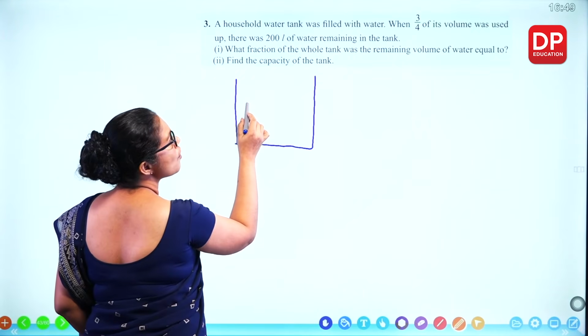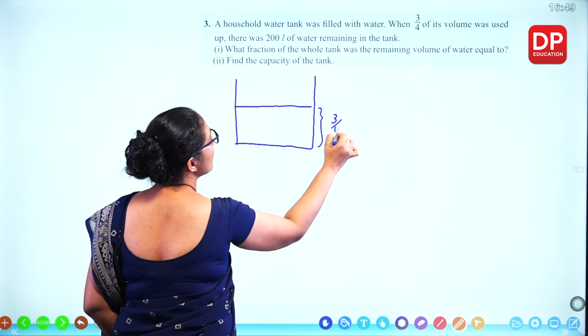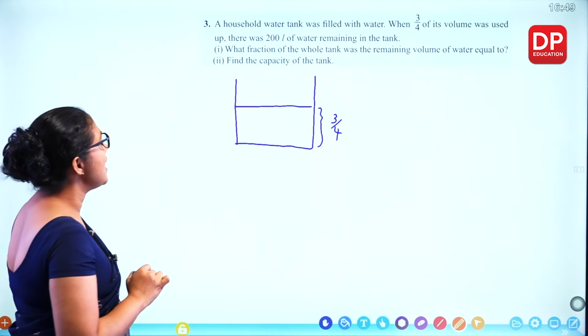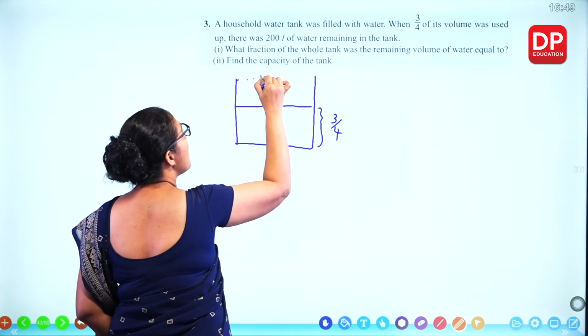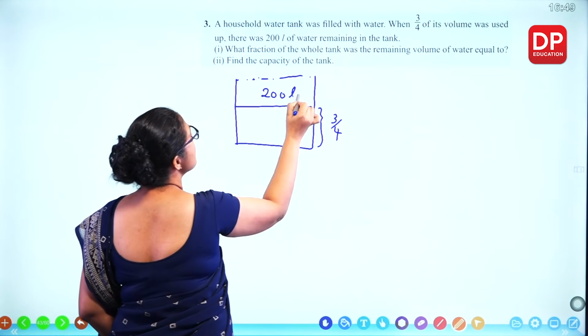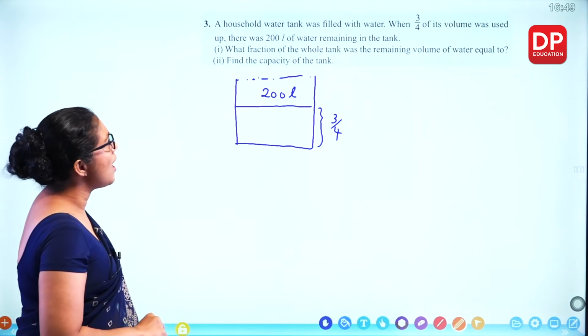So 3/4 of volume. There was 200 liters of water remaining. So the remaining part is given as 200 liters. So this part is used, the remaining part is 200.